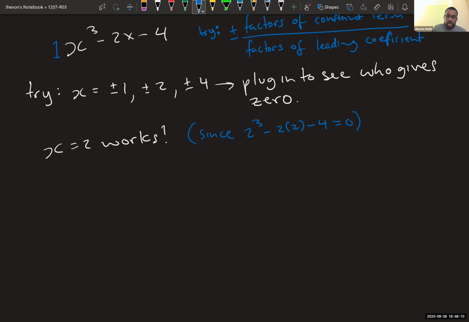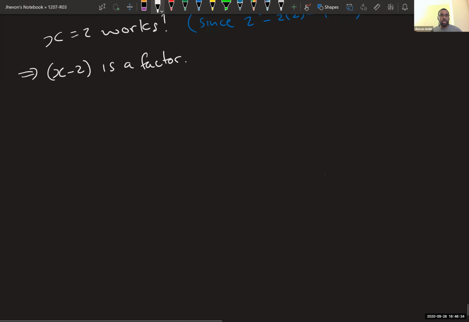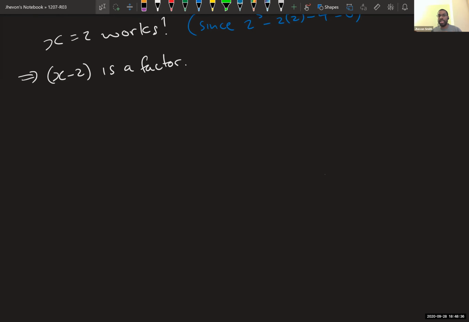So x equals 2 is a root, which means x minus 2 is a factor, right? If you plug in x equals 2, you get 0. That means if you were to factor this cubic, there should be a factor of x minus 2 times something else, so that when you plug in the 2, you get 0. What that means is that x minus 2 is going to divide into this cubic evenly.